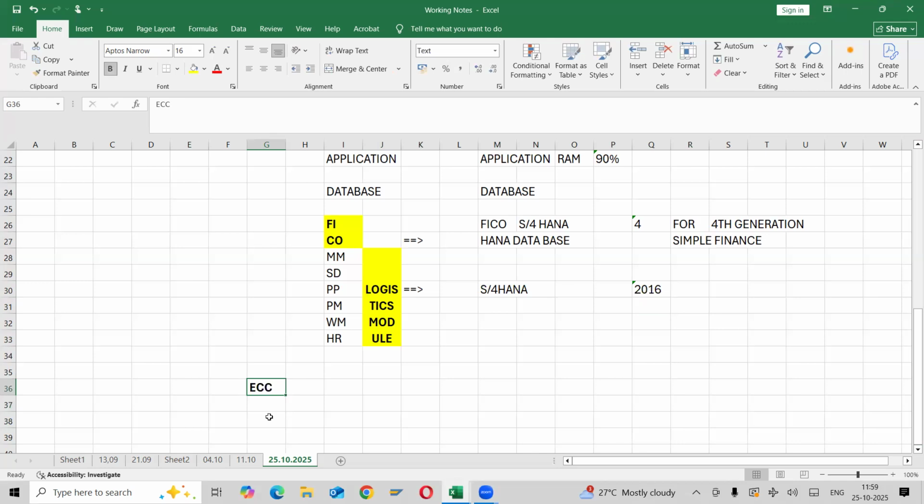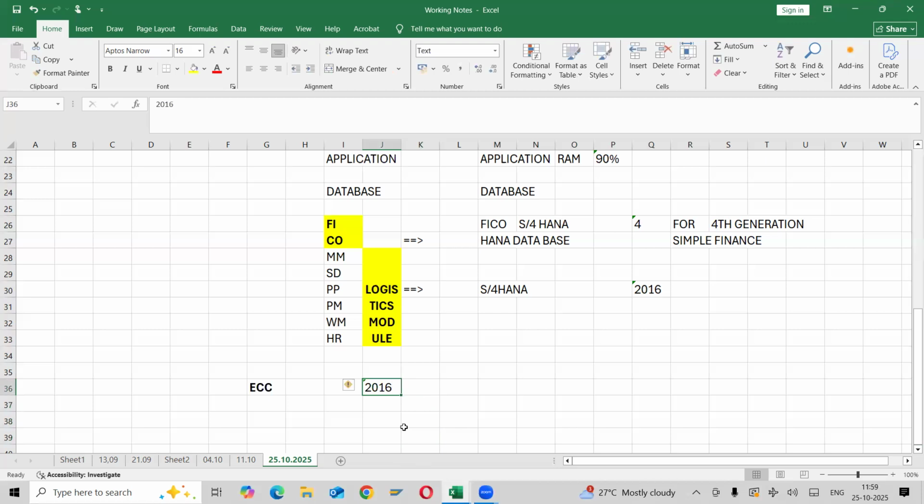We will discuss more in depth on this. They are using it from 1980 or 1990 onwards, top fortune companies, great clients are using ECC, right? As I said, in 2015-16, SAP completely introduced the S4 HANA database.